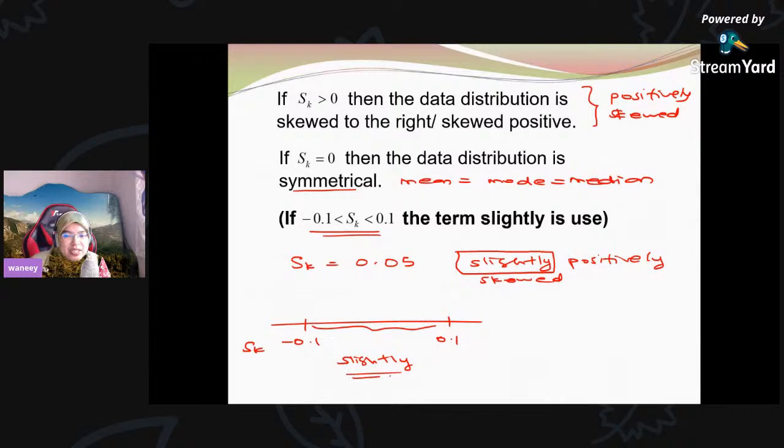You need to have this keyword. Depending on the value of SK, if your SK is positive, then slightly skewed to the right. Negative, slightly skewed to the left. That is only when the SK is in between negative 0.1 and 0.1.